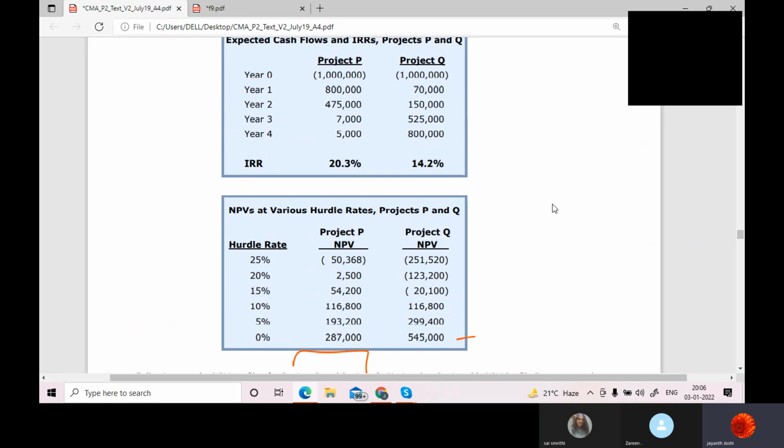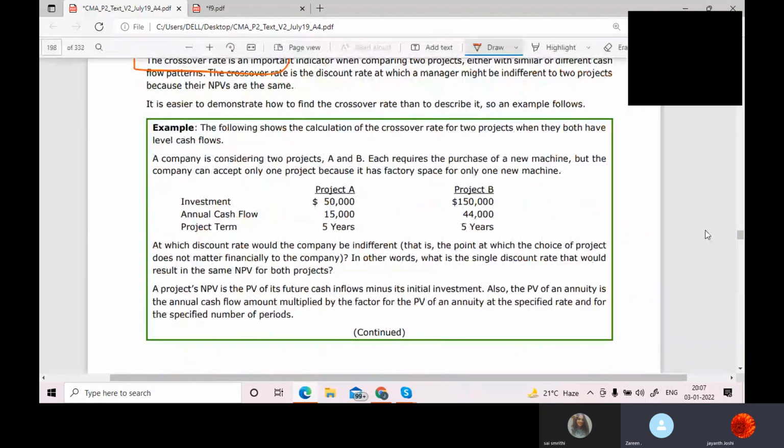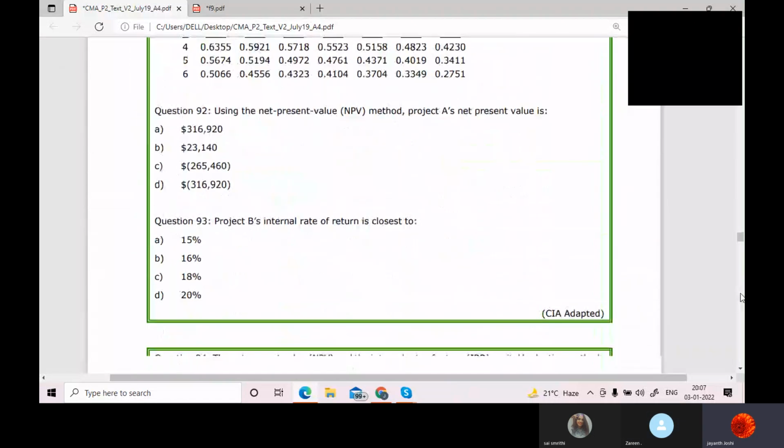If you tell, I'll write on the screen. NPV. Yes, sir. So please go through this today, and tomorrow we'll do a question on how to find the crossover rate. That kind of question you can expect in the exam. Okay. Sure.